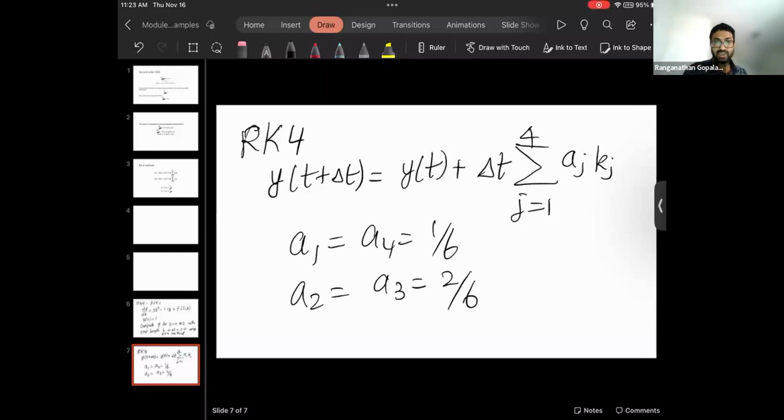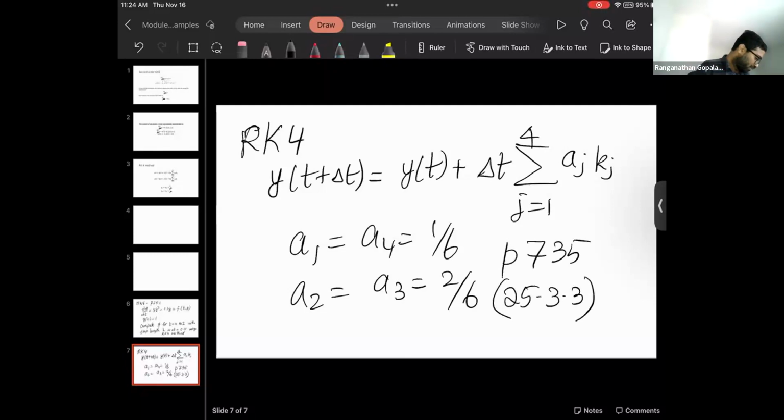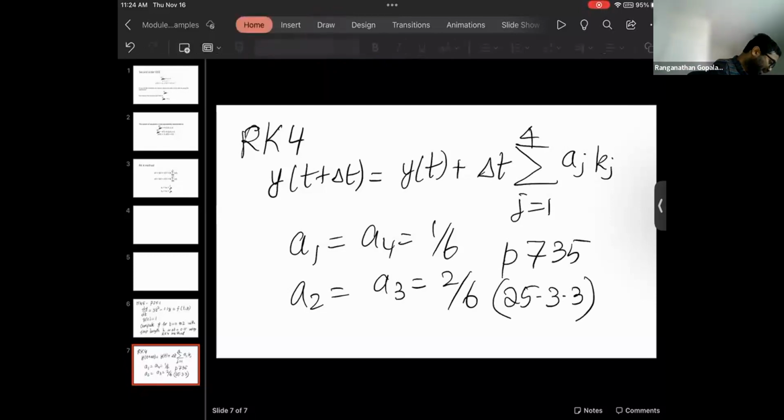If you go to page 735, section 25.3.3. Okay, that is what you want to refer to both now as well as in the future during the exam.